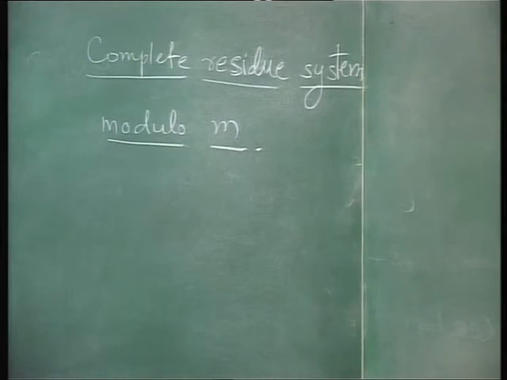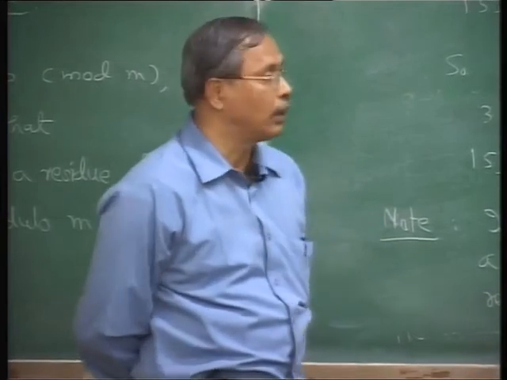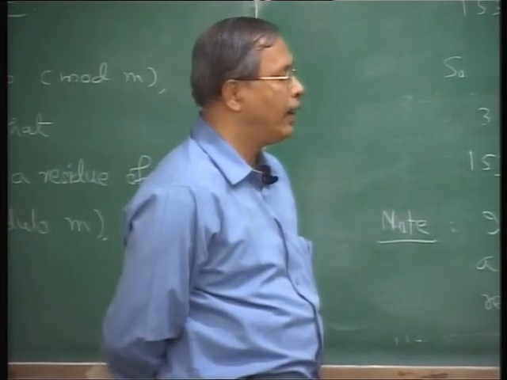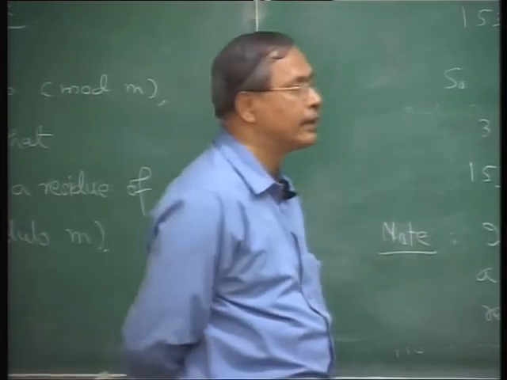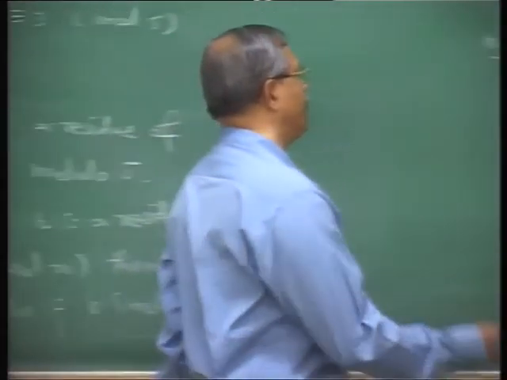The requirements are, you have finitely many integers and they are such that they are incongruent modulo M, and every integer is congruent to one of them. These are the requirements of a complete residue system.